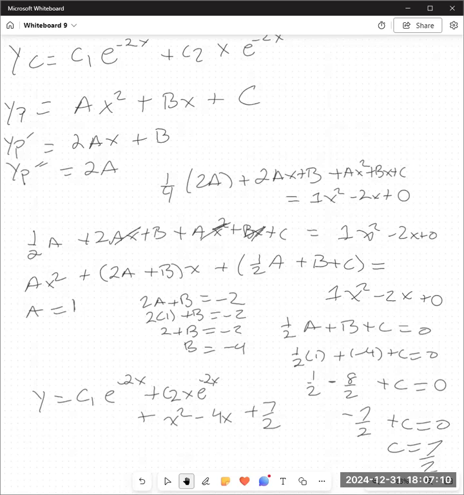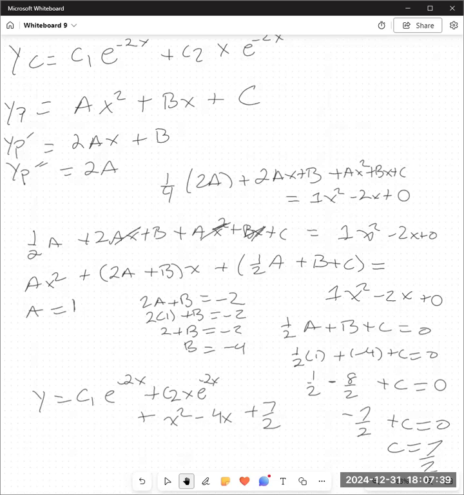Then I'll come back and talk about some very similar problems to these, and we'll use a different method, not the superposition principle, but the annihilator approach, and we'll talk about what the annihilator is and what annihilates what.